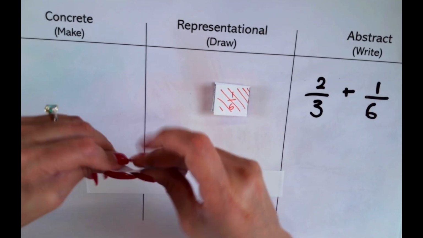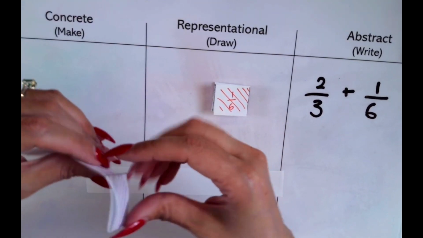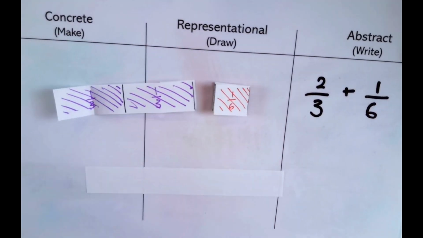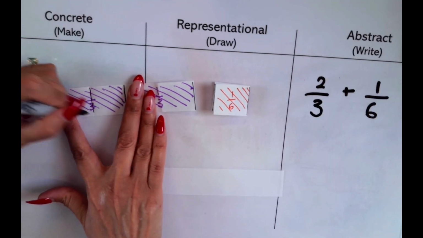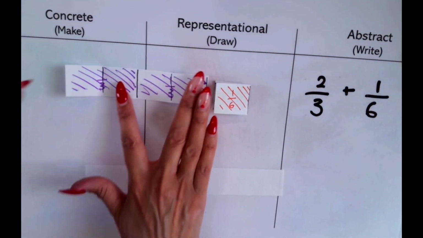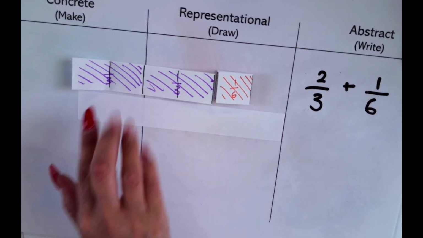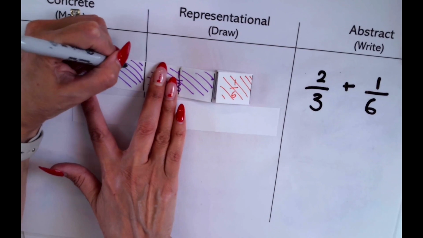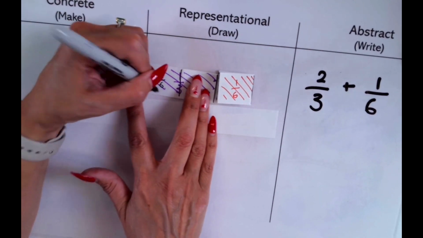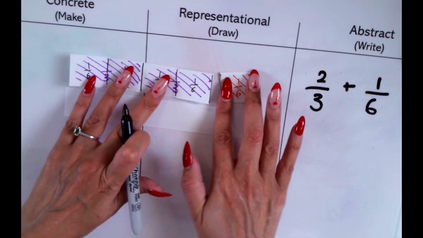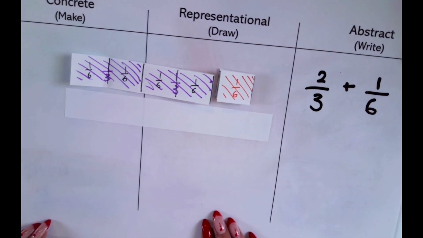So we can say, instead of 2/3, I can partition into 6ths. Now I have 4/6. So I have 1/6, 1/6, 1/6, 1/6, and another 6th makes 5/6.